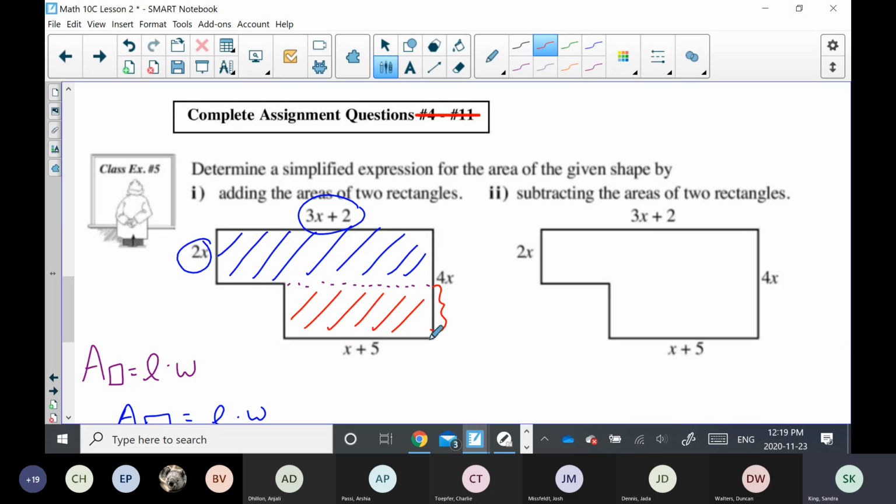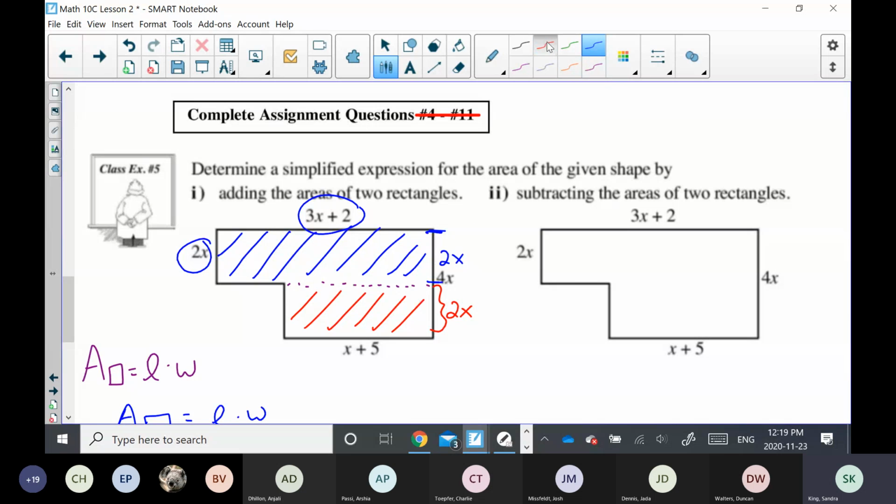If from here to here is 4x's, this is 2x's, what would this be? 2x. That would be 2x's as well. Yep. Because they told me that from here to here is 2x's. This whole thing is 4x. 2x and 2x is 4x.